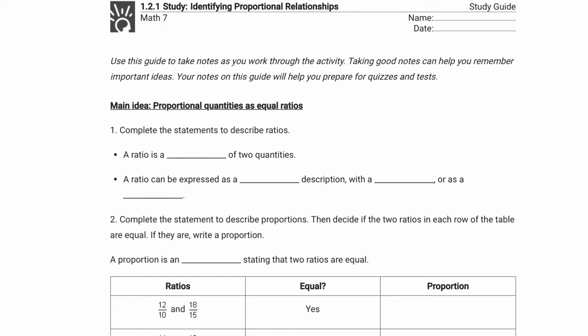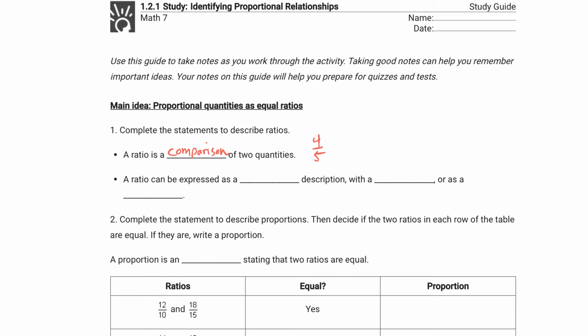I'll get started here. The main idea is talking about proportional quantities as equal ratios. So a ratio is simply a comparison of two quantities, something like 4/5. That's a comparison, usually using division.